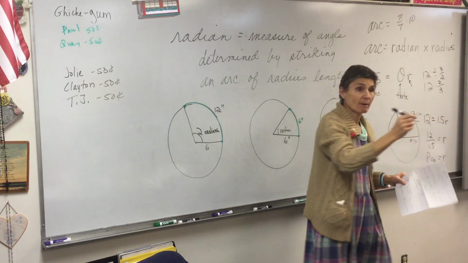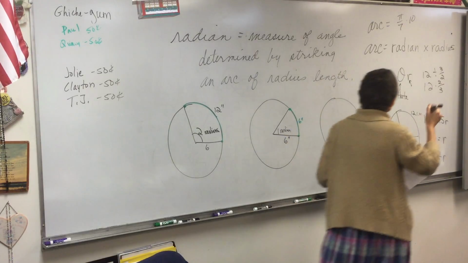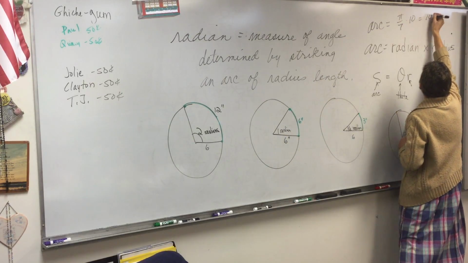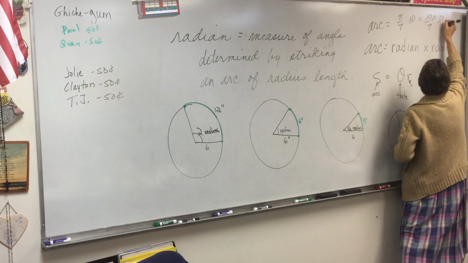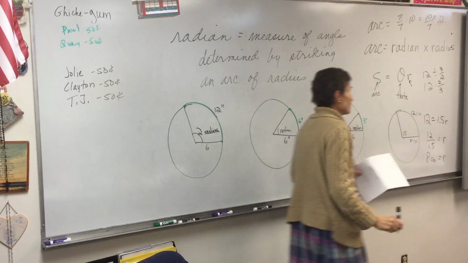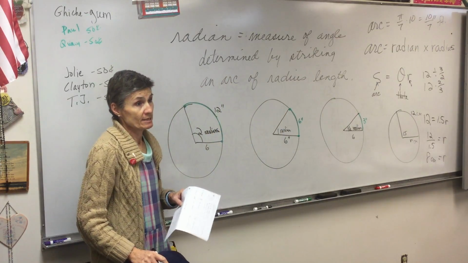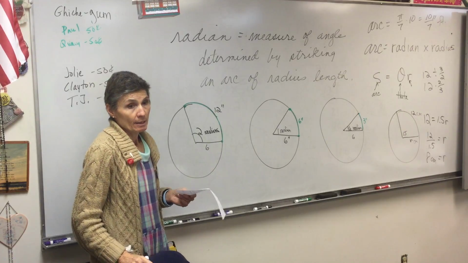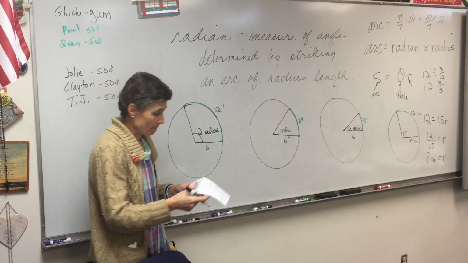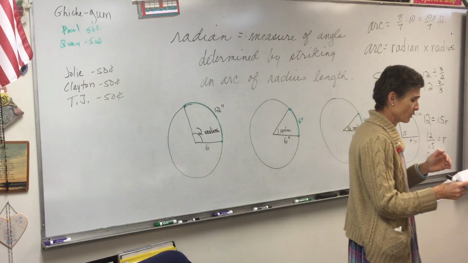Don't I just multiply pi over 7 times 10? And the answer is 10 pi over 7 feet. Remember, the unit of the arc will match the unit of the radius. Got it? Easy.